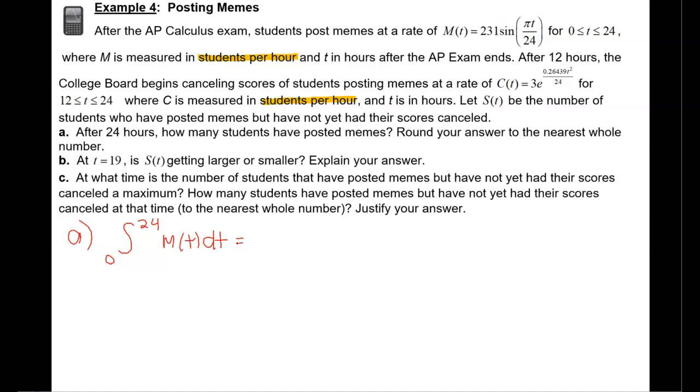And we get 3,529.4. It says round to the nearest whole number. So am I going to 29 or to 30? 29, because it was 0.4. 5 and above goes up, 4 and below goes down.